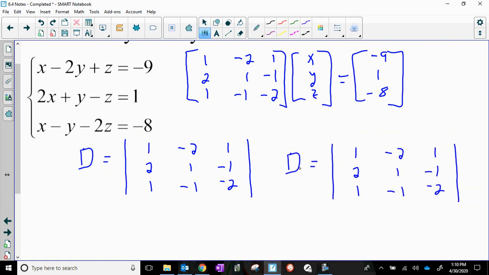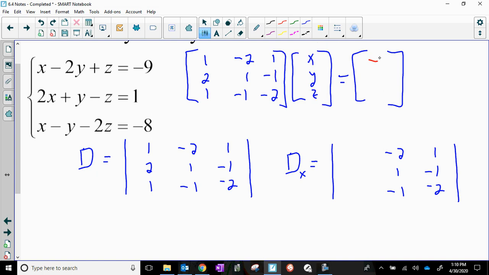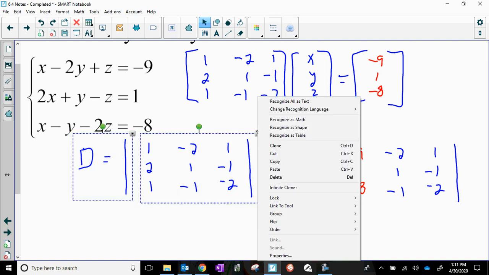But if I want to find Dx, what I'm going to do is erase this x column, and I'm going to replace it with my constants. Make sure you copy it down correctly. A lot of people will lose a negative on one of their numbers, which completely throws off the answer.